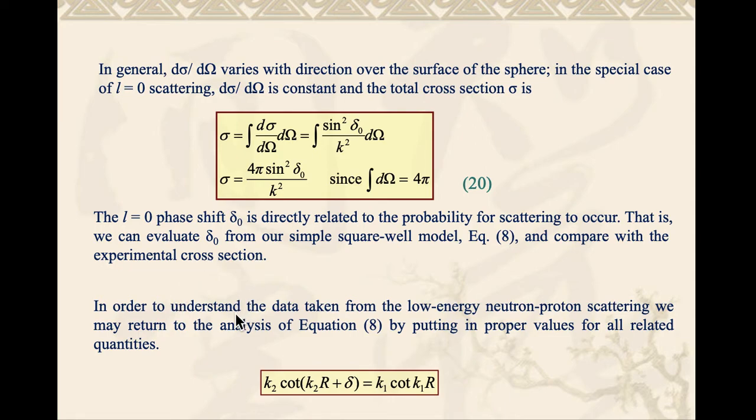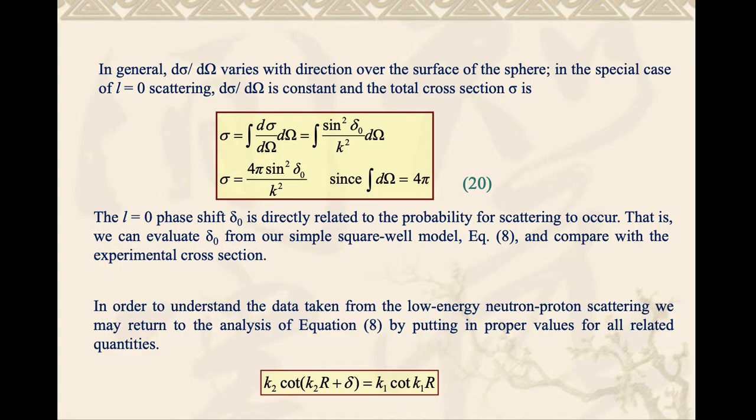To check the validity of what we have done, you can measure the cross section using some techniques. And here also, with knowledge of delta 0 and our discussed equations, we will try to calculate the cross section.